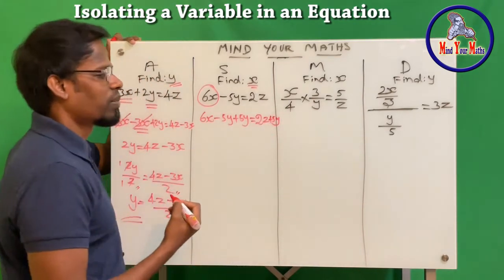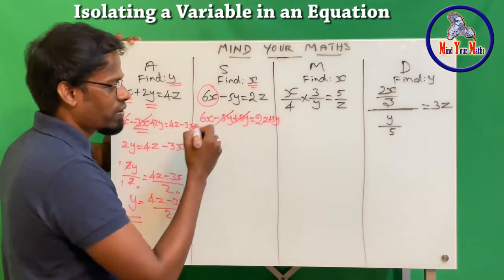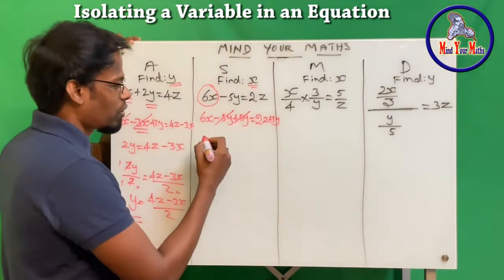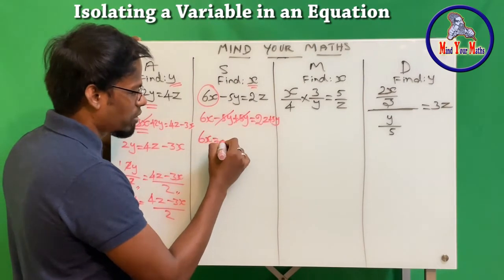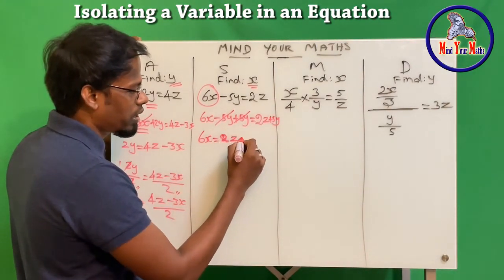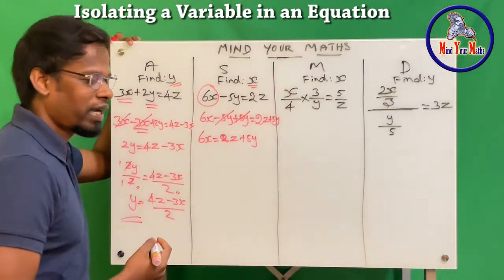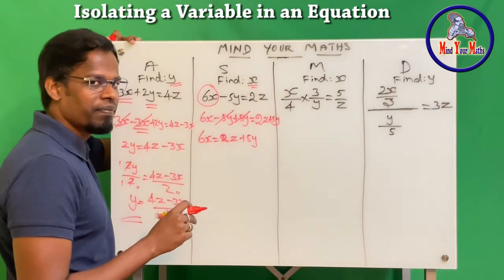That's right, plus 5y. So now this minus 5y and plus 5y get cancelled. You're left with 6x equals 2z plus 5y, right?